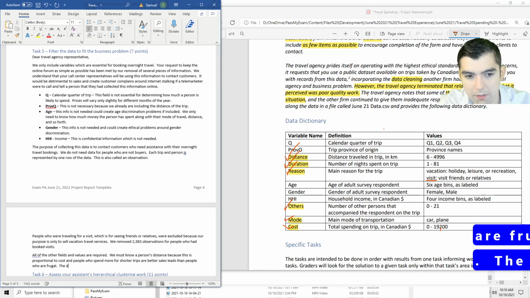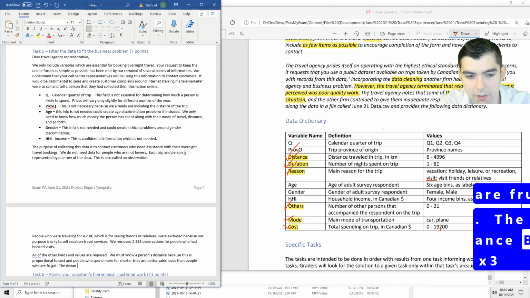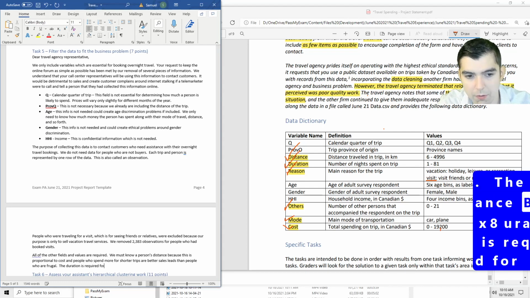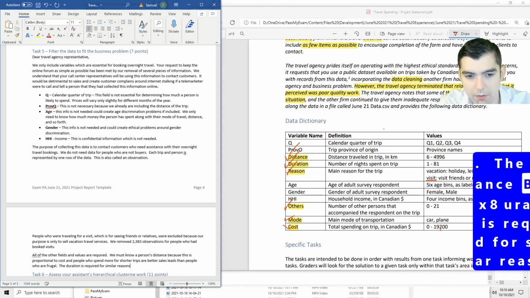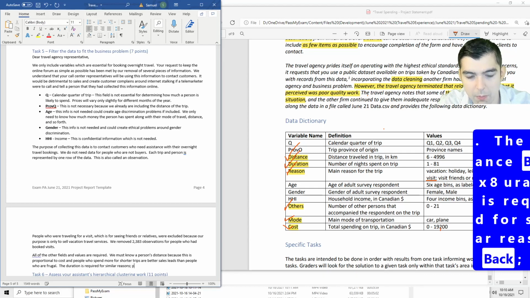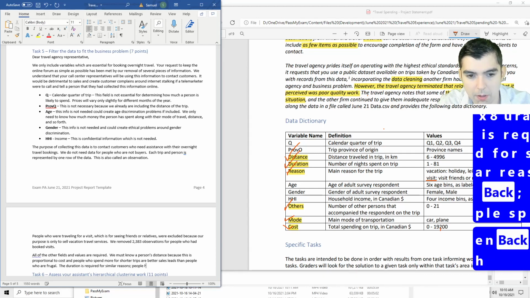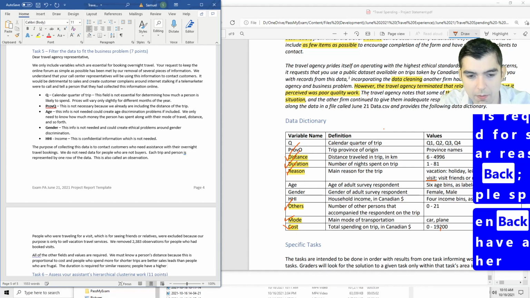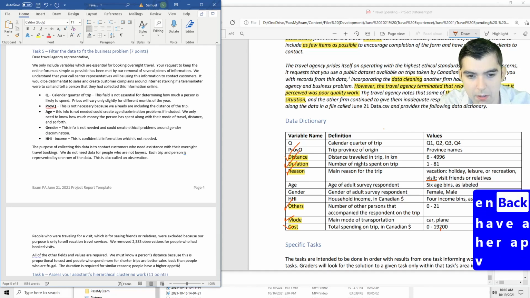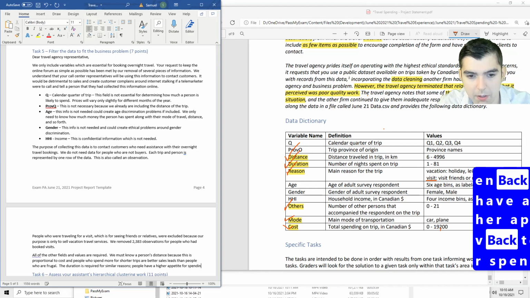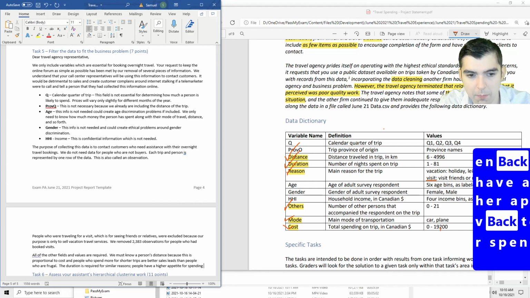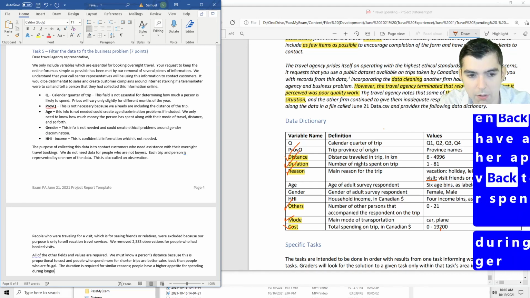The distance, the duration is required for similar reasons. People have a higher appetite for spending during longer stays.